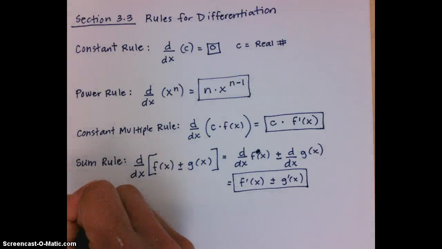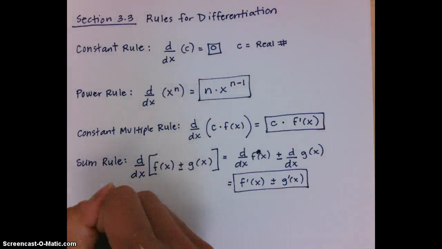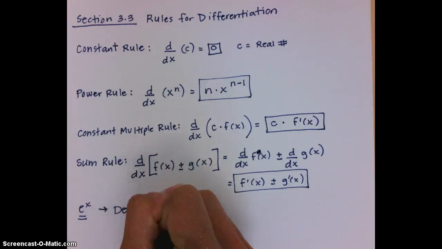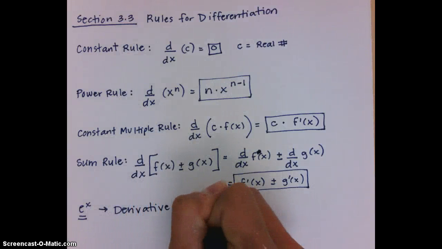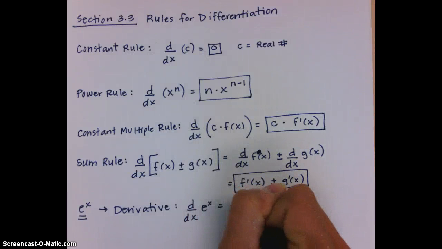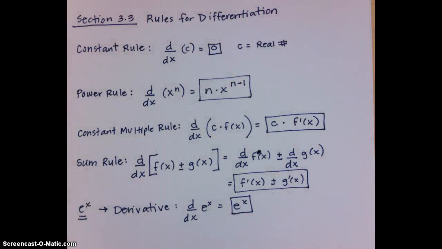Alright, e to the x has a very special derivative. The derivative of e to the x is always itself. There are a lot of things that we can do to look at why this occurs, and most of those have to do with graphs and limits.